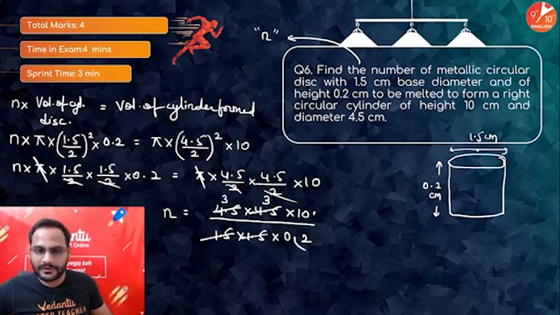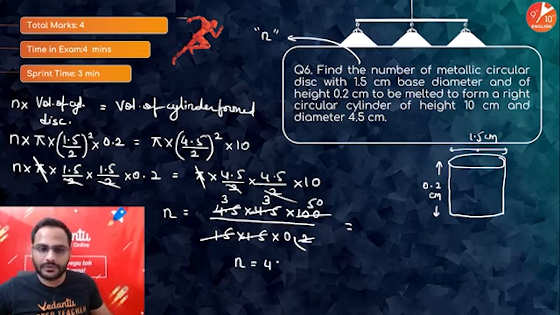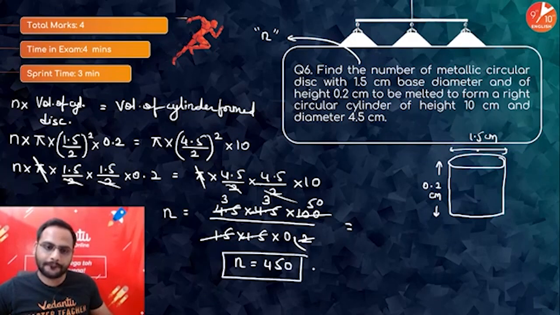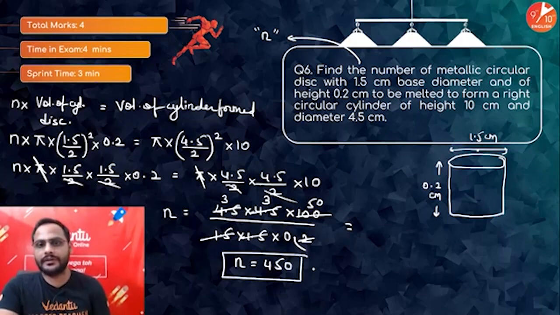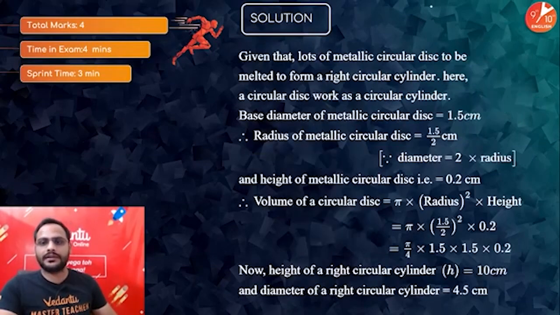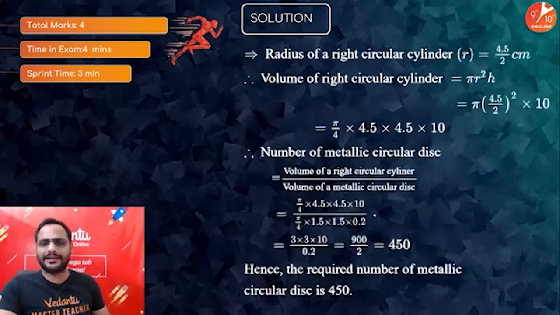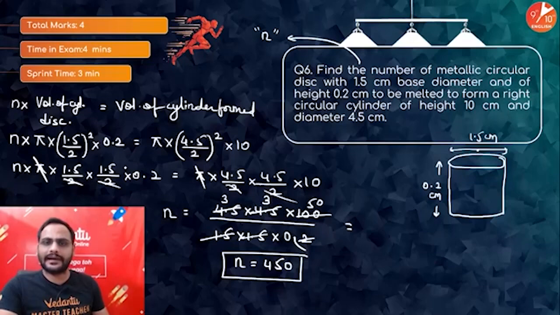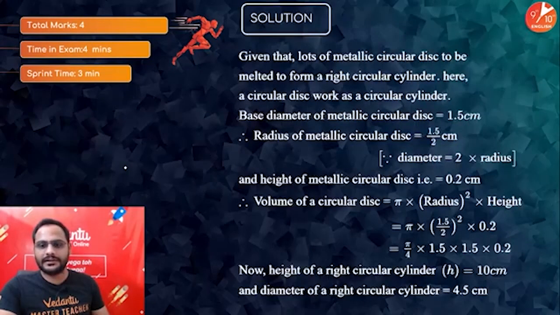If I remove the decimal, this will become 100. 2 ones 50 times. 3 into 3 is 9, 9 into 50 will be equal to 450. Number of circular discs which need to be melted will be equal to 450. ठीक है, देखो they are writing it very big, इतना तो नहीं, I have written it directly. ठीक है, all right, clear.